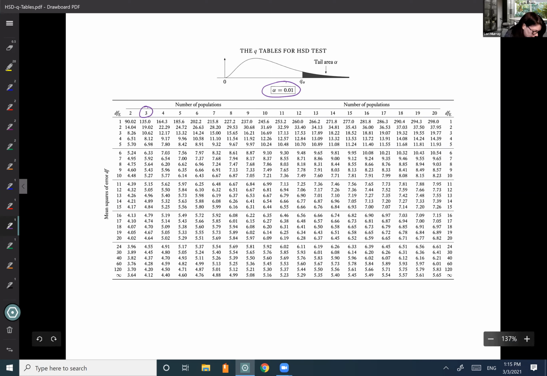I put here 15, but we want 12. So it's going to be 5.05. Don't forget to subtract the number of groups. 15 was the total number of employees. Subtract 3 will be 12 degrees of freedom. So our Q is going to equal 5.05.